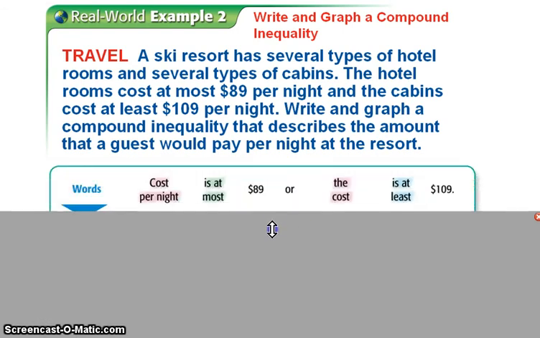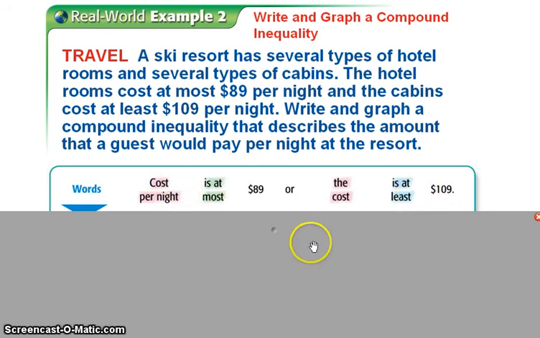So let's translate this. Cost per night is at most $89 if you rent a room. If you rent a cabin, the cost is at least $109.